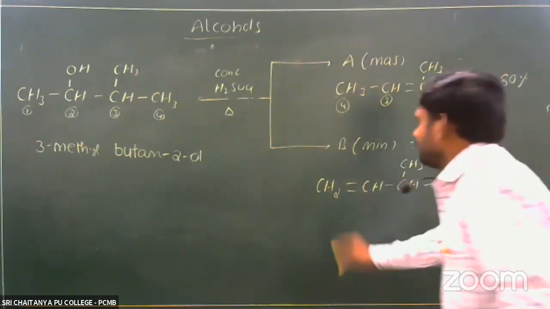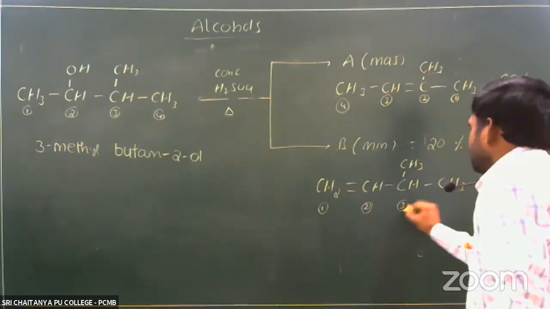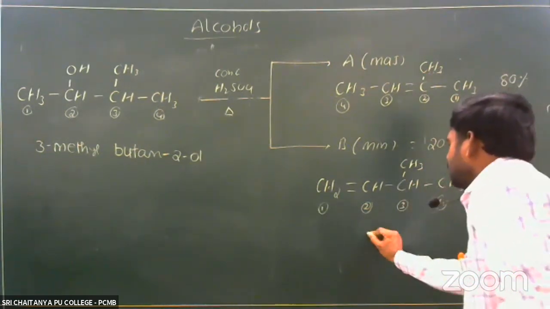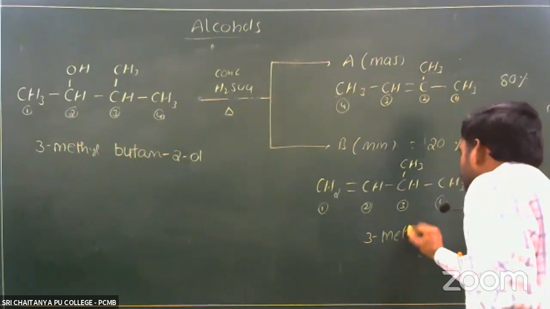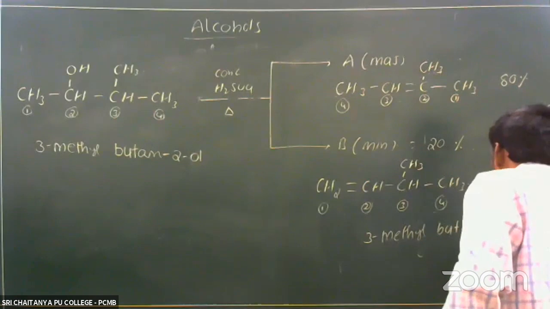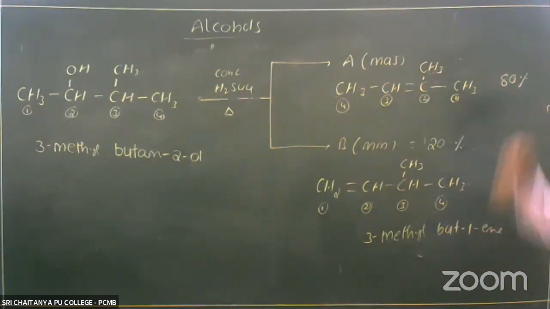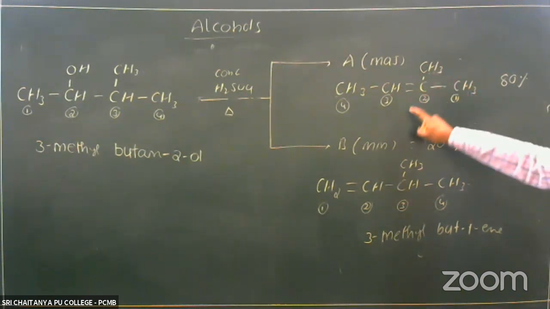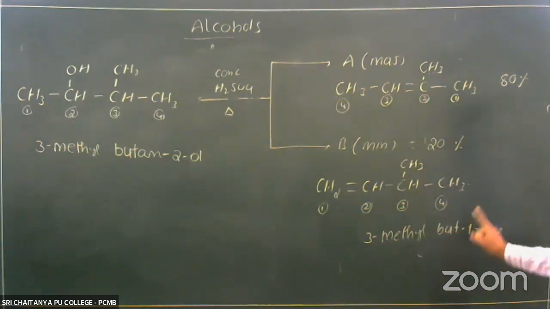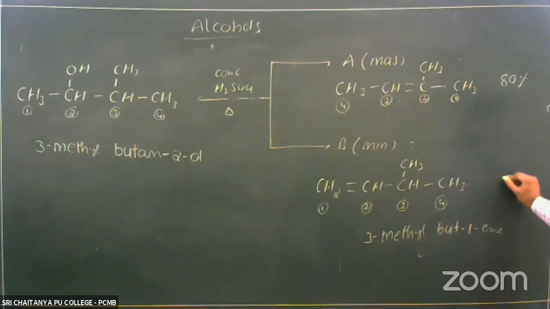Now numbering is given from the left-hand side because the double bond is the functional group: second carbon, third carbon, fourth carbon. So it is 3-methylbut-1-ene. 2-methylbut-2-ene is the major product at 80%, and B forms only 20%.